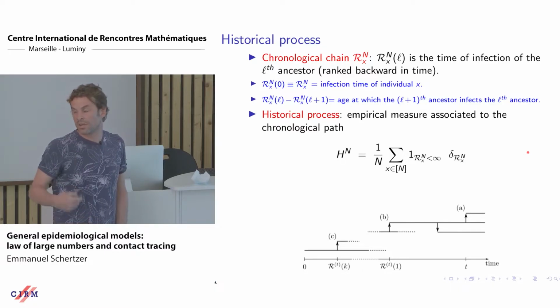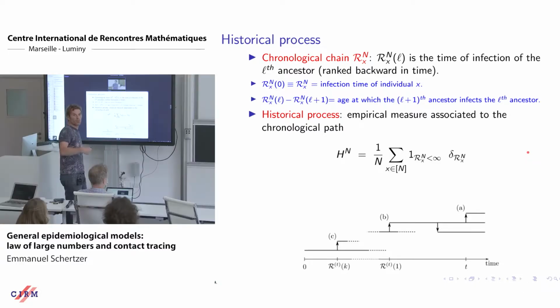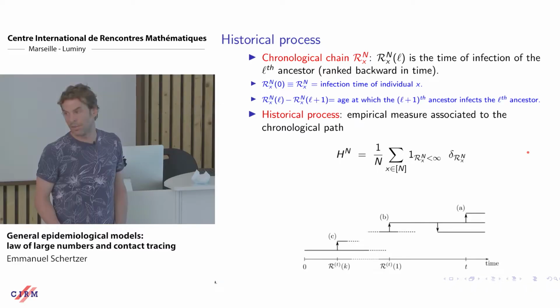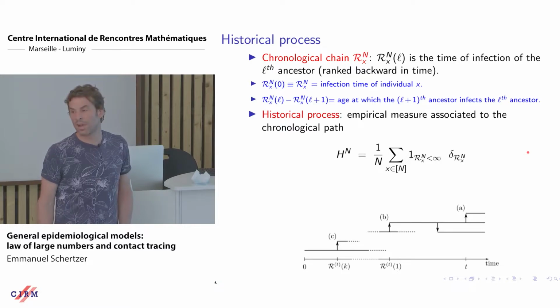So ancestor 0 is yourself, ancestor 1 is your infector, ancestor 2 is the infector of your infector, and so on and so forth, okay? So I was infected at time t, then I go back to the age of infection of my infector, so that's R1, and then I keep on doing this until reaching the reference time of my epidemics.